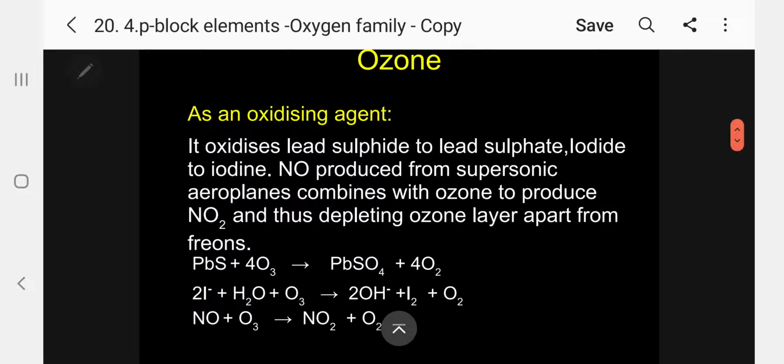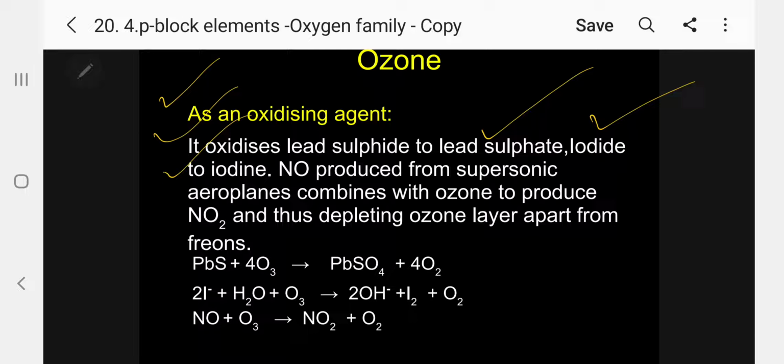Coming to the chemical properties, let me discuss it as an oxidizing agent. It's a powerful oxidizing agent. We have seen it is due to the nascent oxygen. It oxidizes lead sulfide to lead sulfate, and iodide to iodine. Kindly follow.